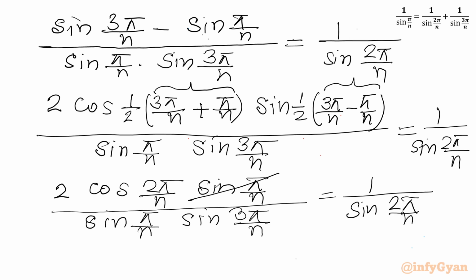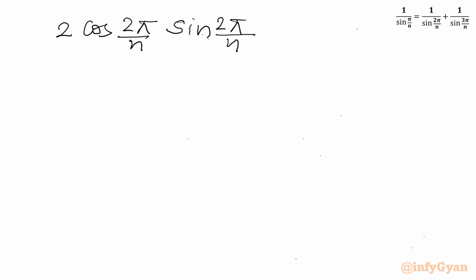Now sin pi over n, sin pi over n will be over. Now I will cross multiply. So I can write 2 cos 2 pi by n sin 2 pi by n equal to sin 3 pi by n.